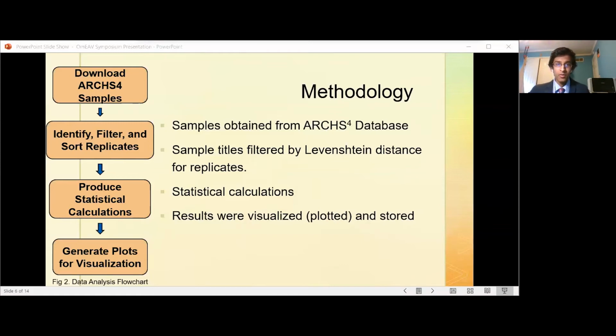And so that way I could make statistical calculations based on that. So I was calculating the mean, the standard deviation, the relative standard deviation, and the difference in range between all of these replicate samples. And so after that, I plotted all of this.